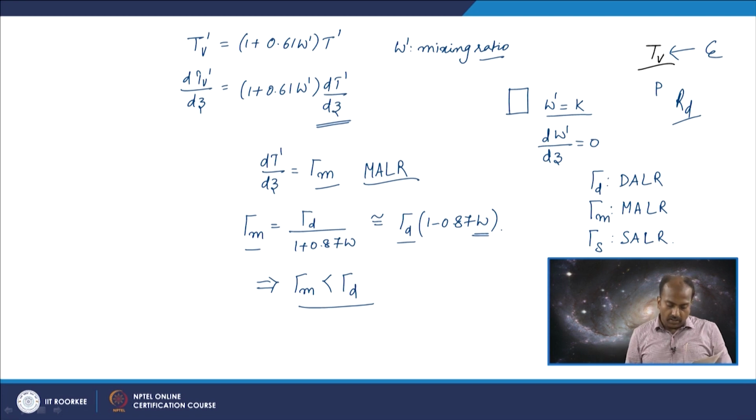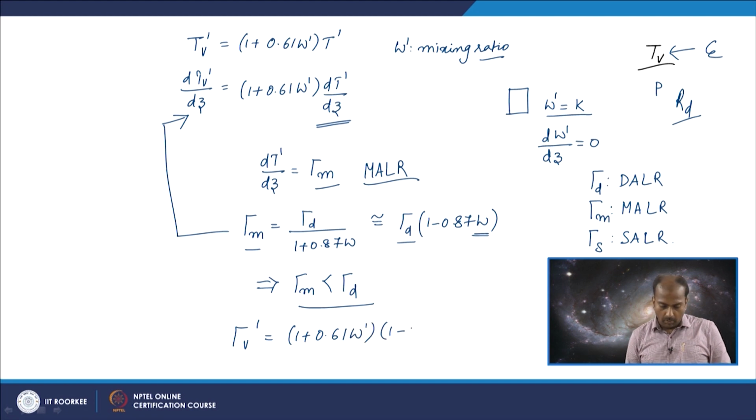So, let us substitute this into this equation. We can write gamma v prime, the virtual lapse rate, as 0.61 W prime into 1 minus 0.87 W times gamma d. So far, this is the virtual temperature of the air parcel and the temperature of the air parcel. So, the starting expression is just for the air parcel.